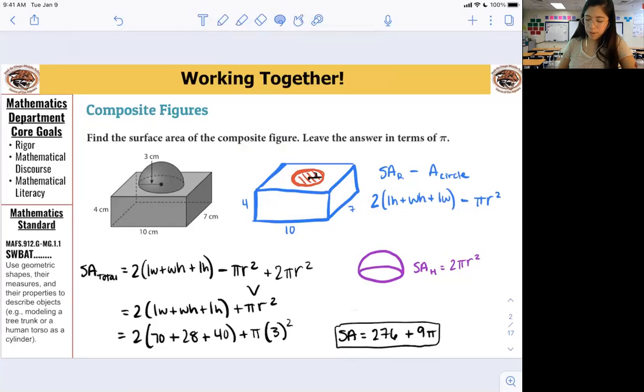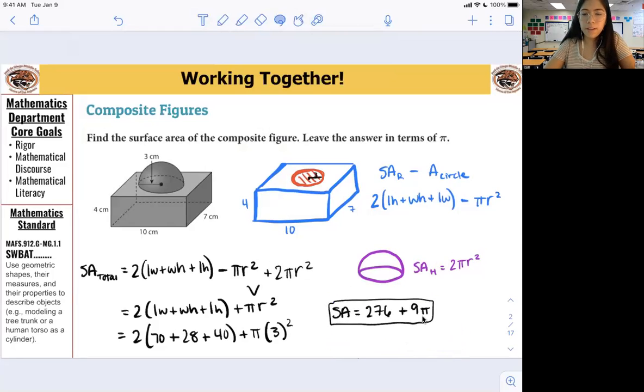But if you wanted to round it, then you would go one step further. What's 9 times 3.14? Nine times 3.14, you should get 28.26. And then you would be able to add those together.